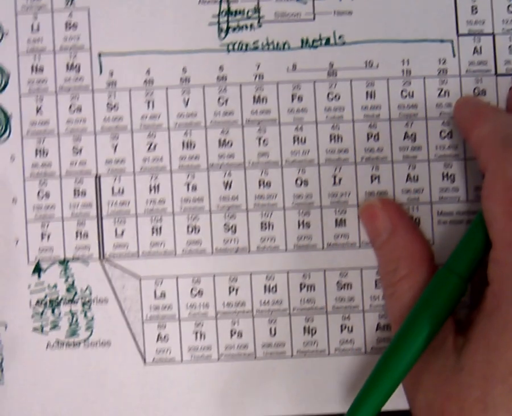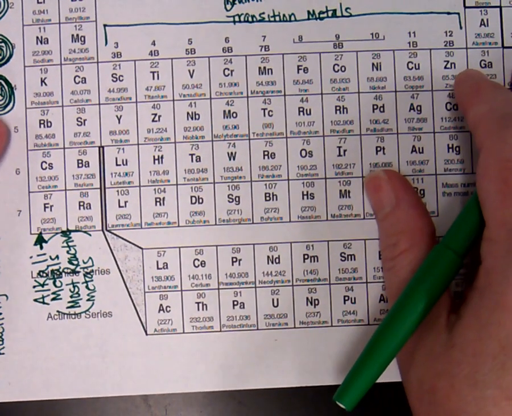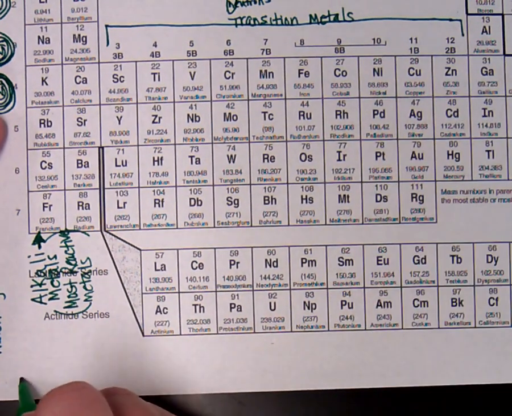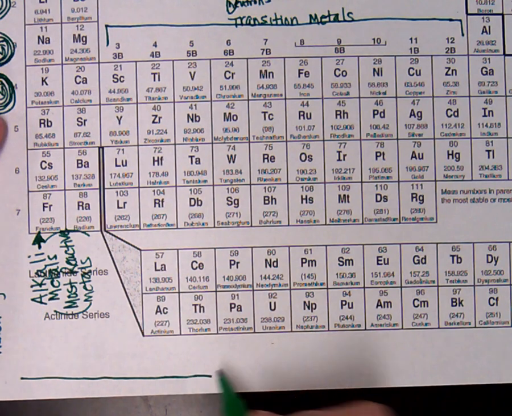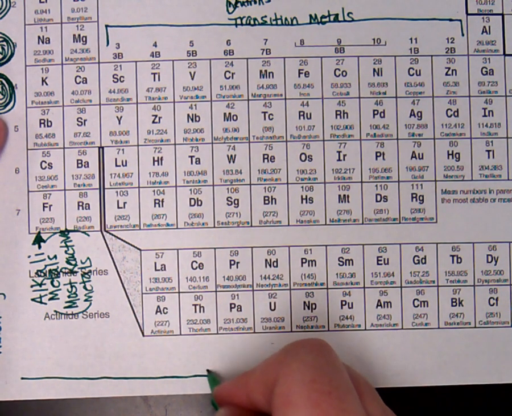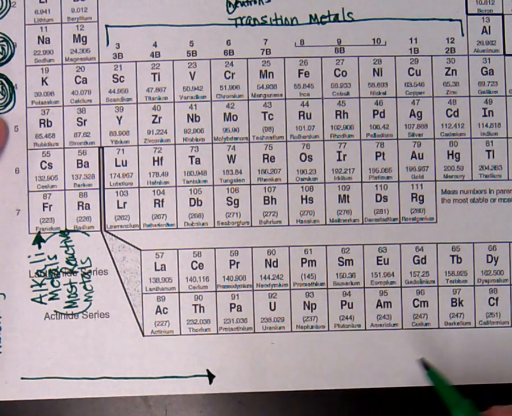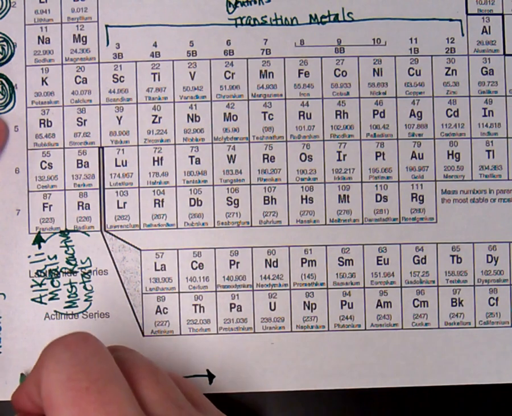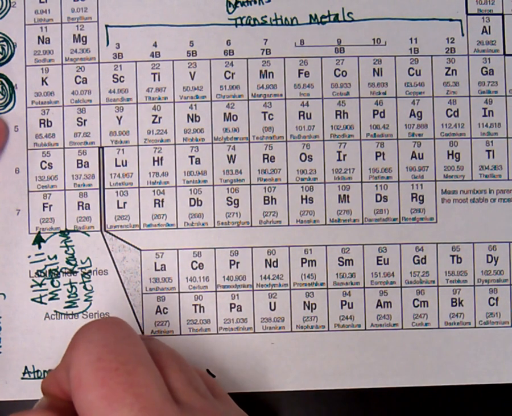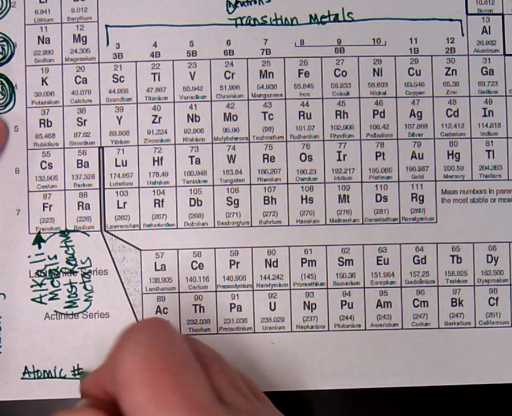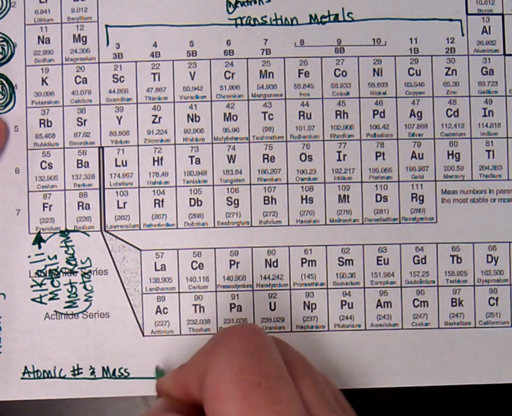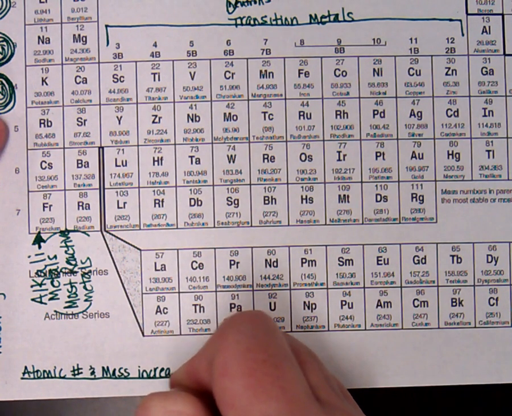Now, we're going to put an arrow to the right. So as we go across the periods, the atomic number and mass increase.